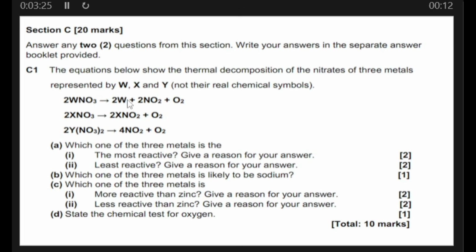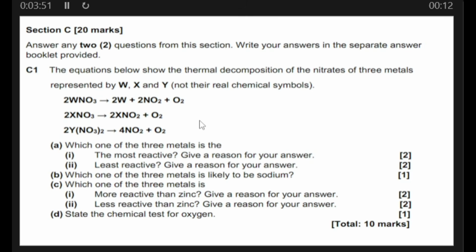However, the nitrates of moderately reactive metals, when they are heated, decompose into metal oxide, nitrogen dioxide plus oxygen gas. And then the nitrates of less reactive metals, when they are heated, decompose into the metals themselves plus nitrogen dioxide plus oxygen gas.